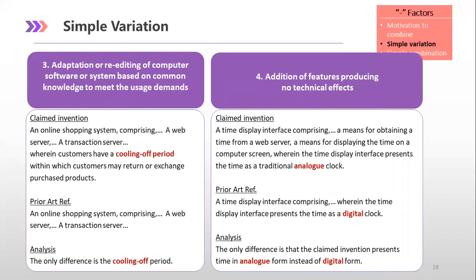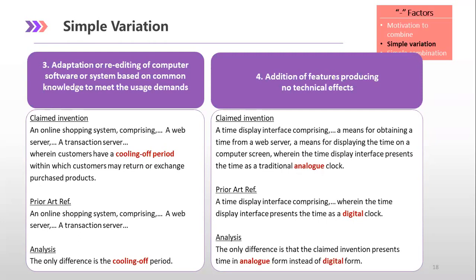There are two more types: the adaptation of software based on common knowledge, which is on the left, and the addition of a non-technical feature, which is on the right. Essentially, in the case on the left, you only incorporate a business method, which is a cooling off period, for people who want to exchange or return products within a period of time after their purchases, and put this method into an online shopping system like this.